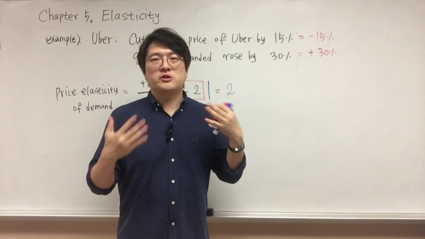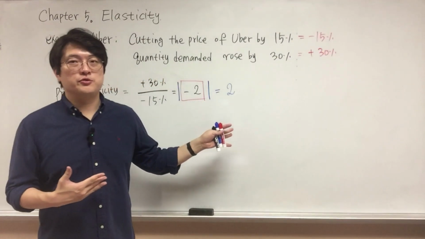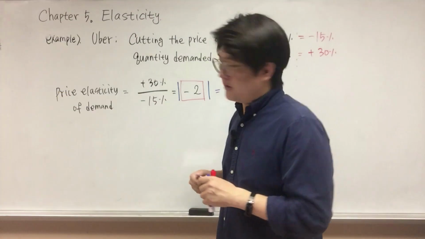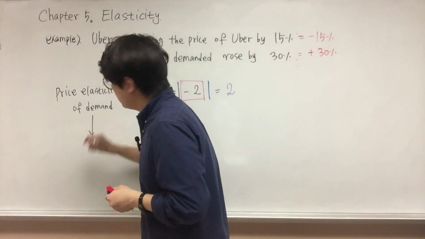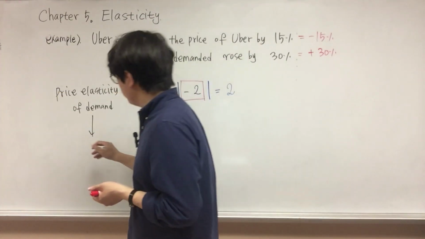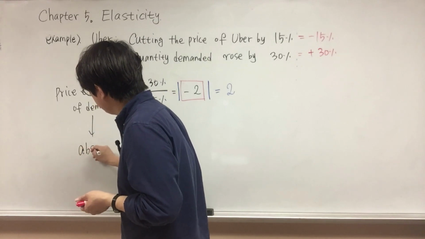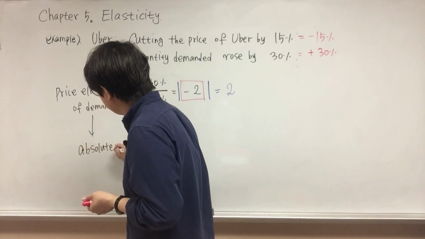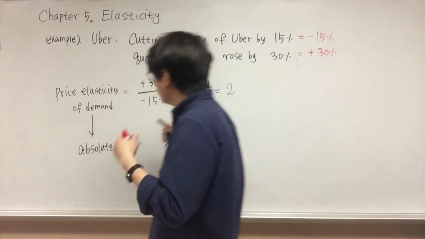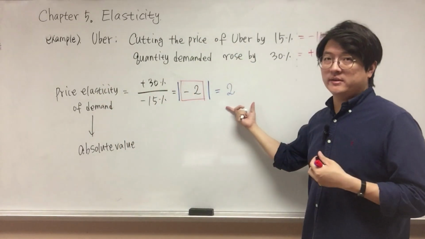The absolute value is going to be just 2, correct? So for elastic demand, we will use the absolute value in order to focus on just how much change there is.